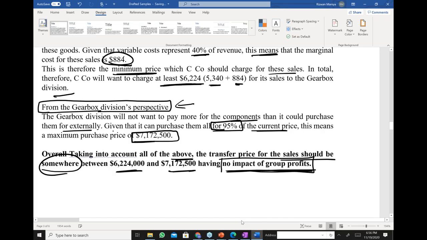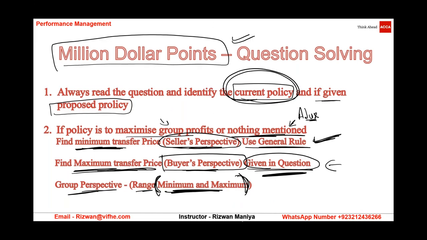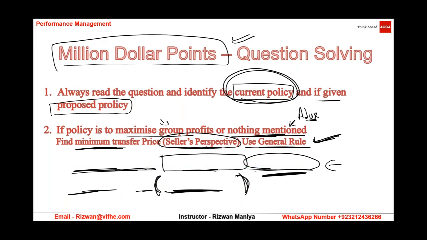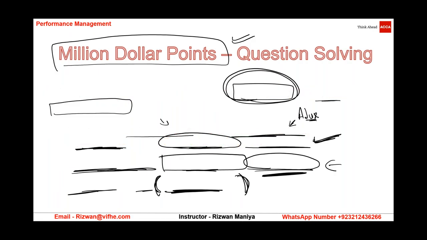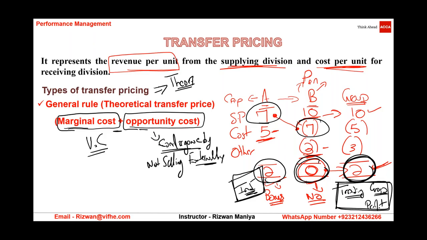If you're still unsure about this, I have very good evidence here, the example from where I started my explanation. See the example? Remember, you change the transfer price from 5 to 7, the group profits remained at 2.